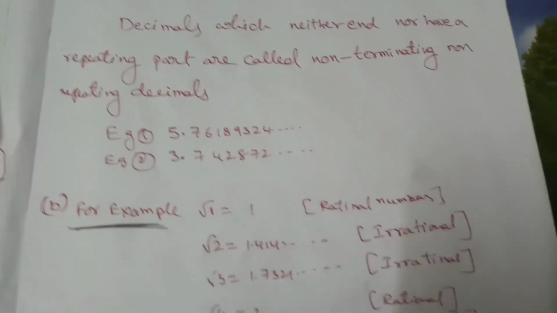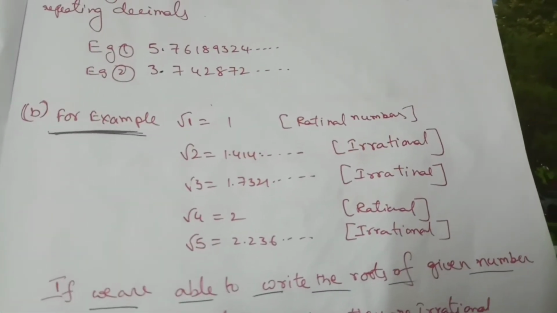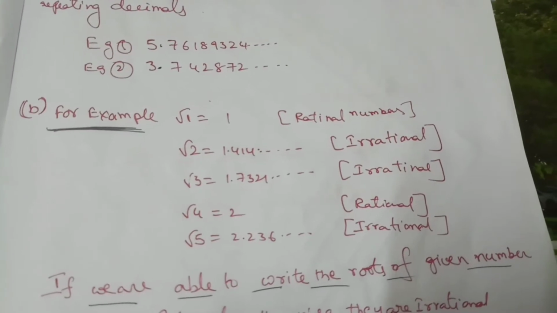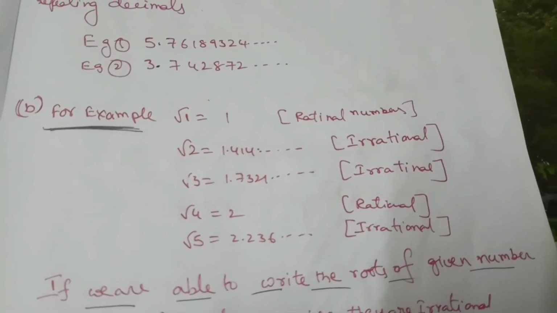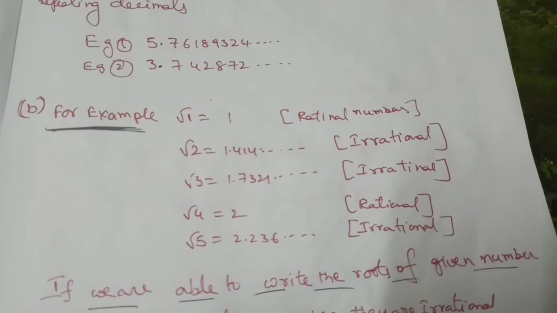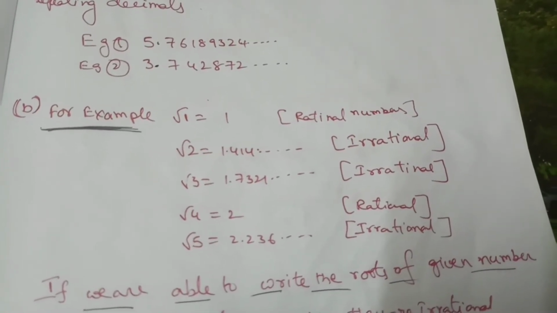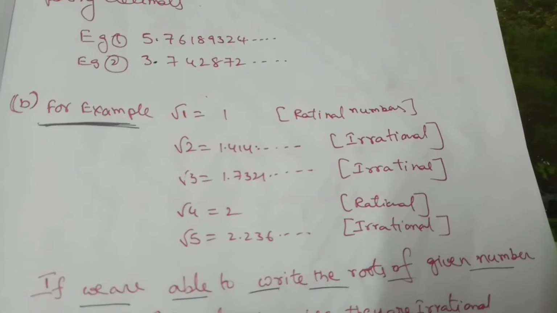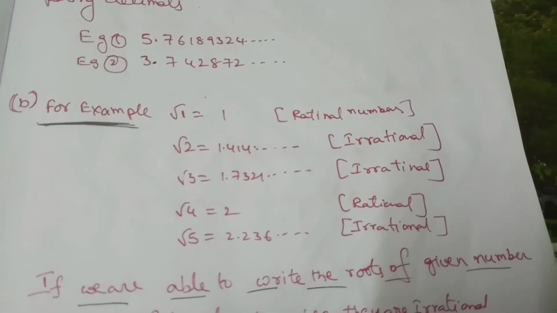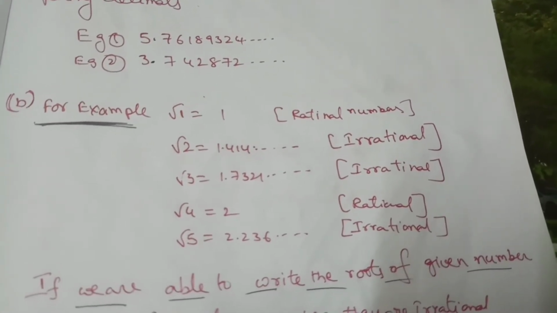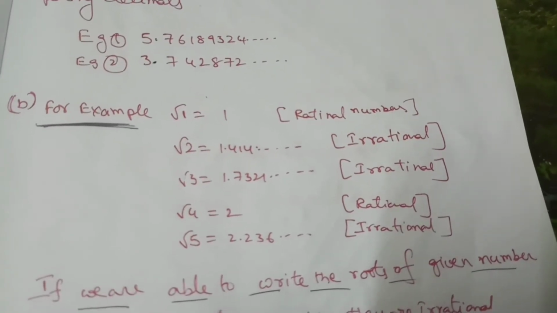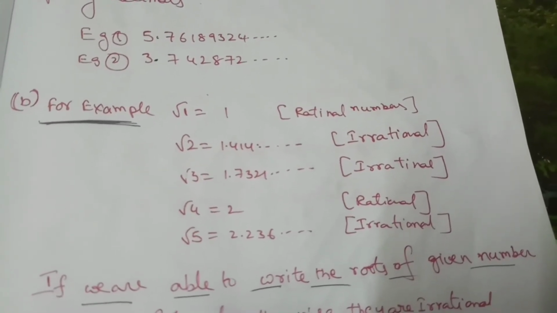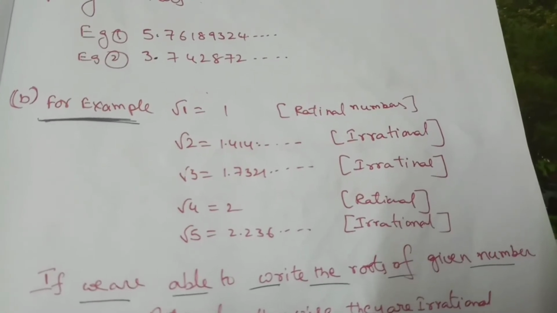Next one, I am taking some examples. Root 1 is equal to 1, a rational number. Root 2, we are not getting a perfect value. So root 2 is equal to 1.4142 and so on. Root 3 is equal to 1.7321 and so on. So here root 2 and root 3 we are not getting perfect values.